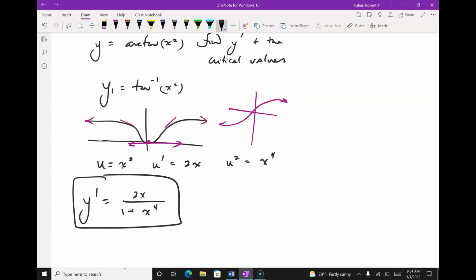What about the second derivative here? What would you do for the second derivative? Quotient rule, right?